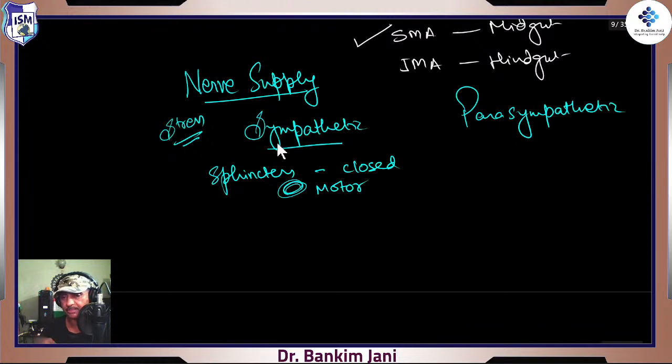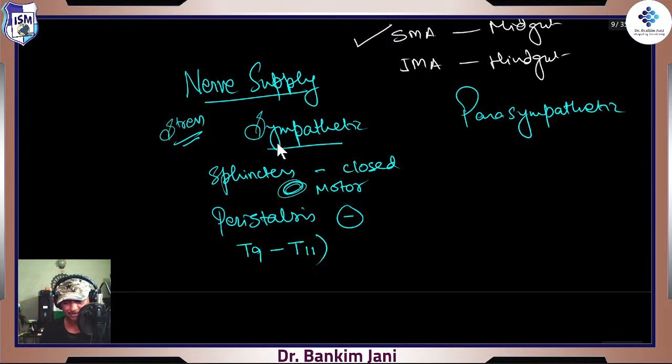Motor means the impulse would go and those muscles would contract, so sphincters are closed. And another important thing, peristalsis will be inhibited, as if to say no need to move. So this is the work of T9 to T11, that's what they carry, this function.